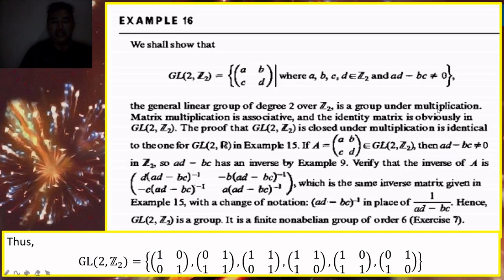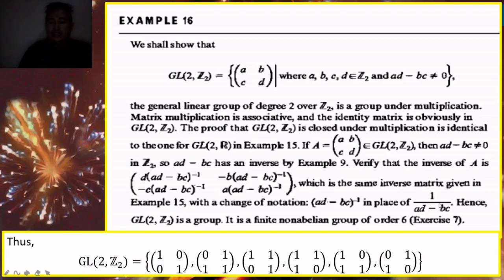It's a group under multiplication. So matrix multiplication is associative and then identity matrix is obviously in GL2Z2. So the proof that this is closed under multiplication is identical to the one for GL2R ganina. Example 15. So kung kana ang A class, then AD minus BC is not equal to 0, mo ni siya iyahang inverse.